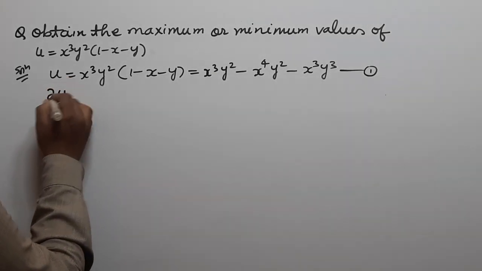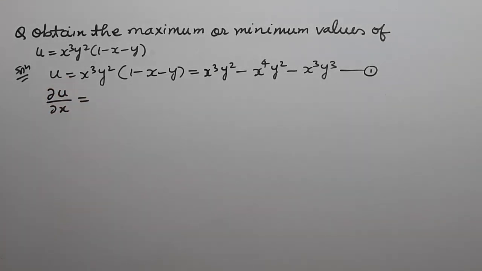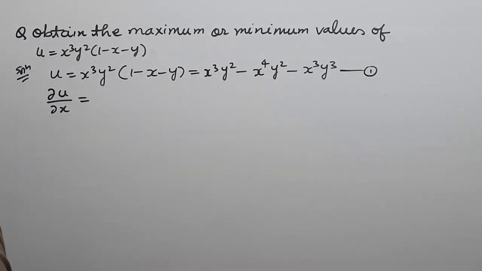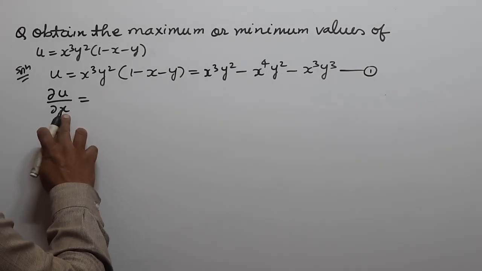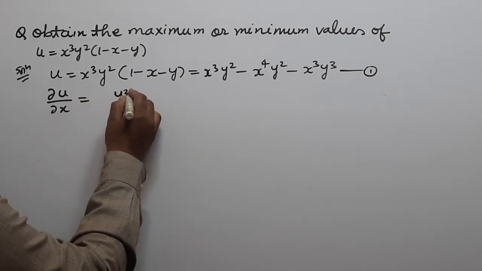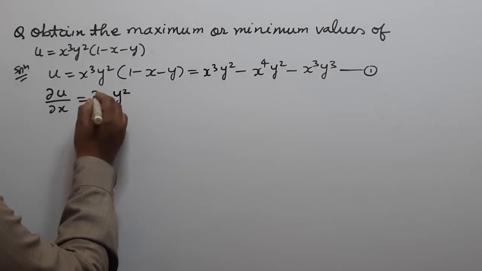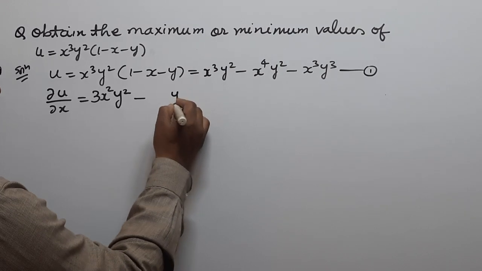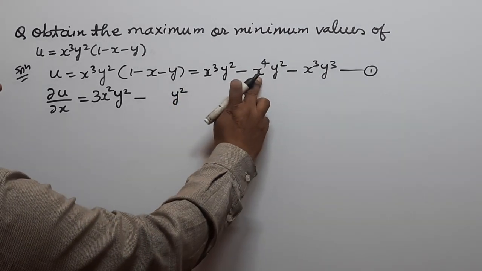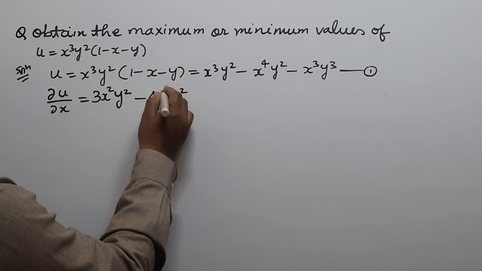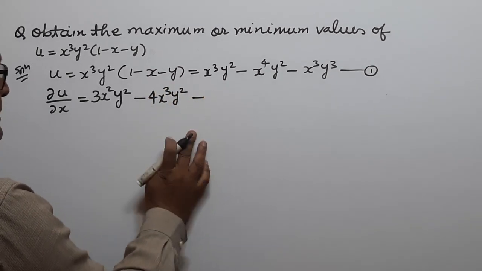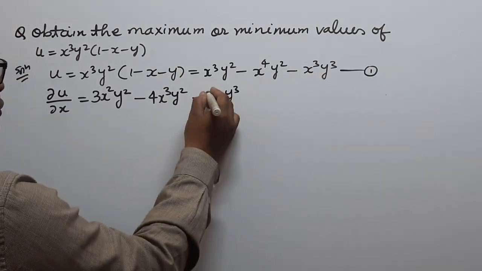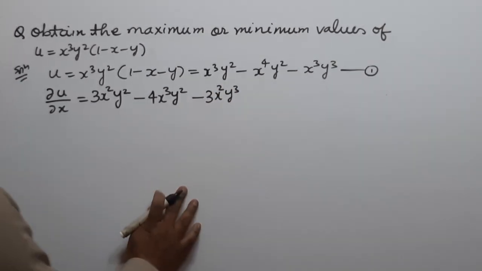So the partial derivative of u with respect to x, that is del u by del x: here y square is constant because we differentiate partially with respect to x, and the differentiation of x cube is 3x square, minus y square times the differentiation of x to the power 4, which is 4x cube, minus y cube is constant and the differentiation of x cube is 3x square.